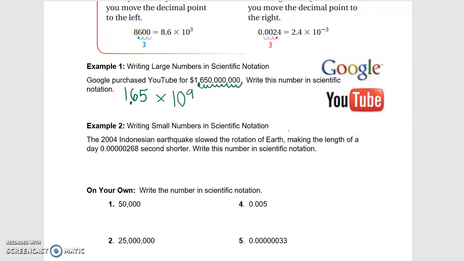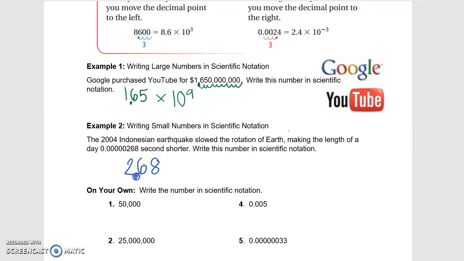Example 2 is doing the same thing, but we're going to end up with a negative exponent because we're looking at a small number. So the 2004 Indonesian earthquake slowed the rotation of Earth, making the length of a day 0.0000268 seconds shorter. Write this number in scientific notation. So I'm going to write 268, and now I need to put a decimal in, so the number is between 1 and 10.